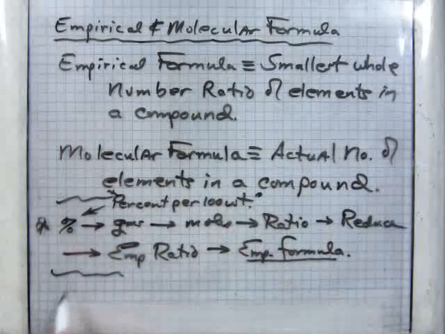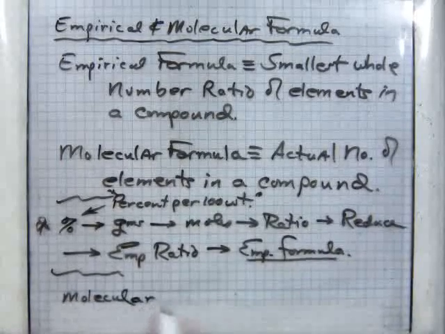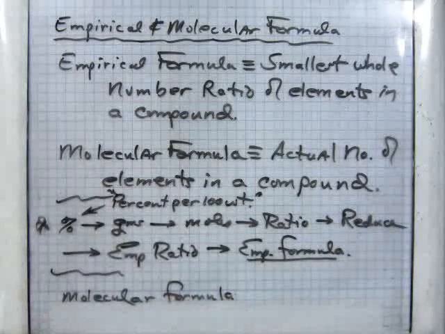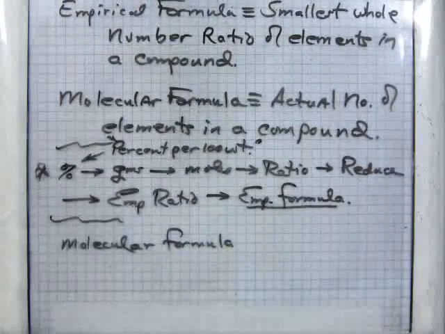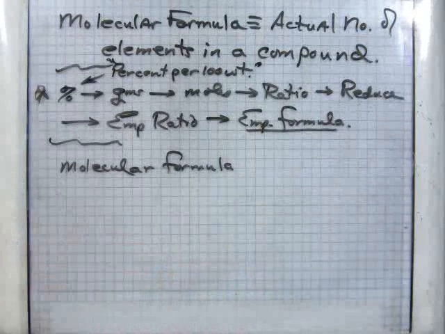Now, for a molecular formula, there's a relationship between molecular weight and the empirical formula weight, and it's called a whole number multiple of the empirical weight. So we write this in a simple formula.